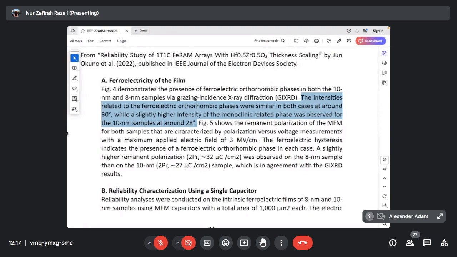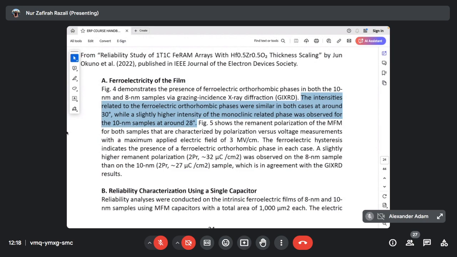What say you? Reporting or commenting? Commenting, maybe.